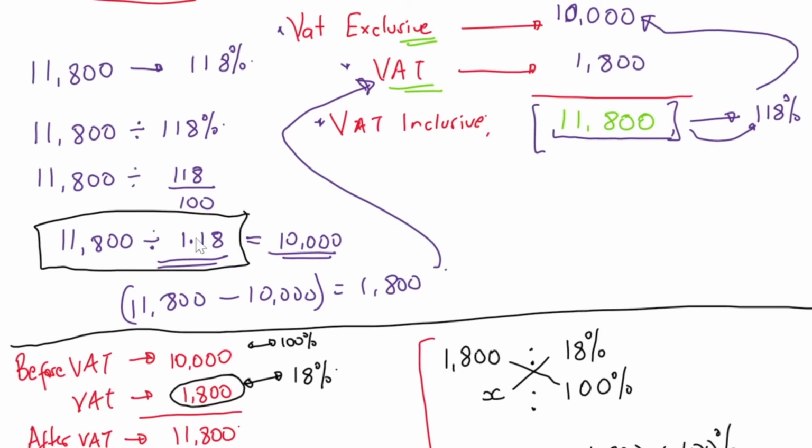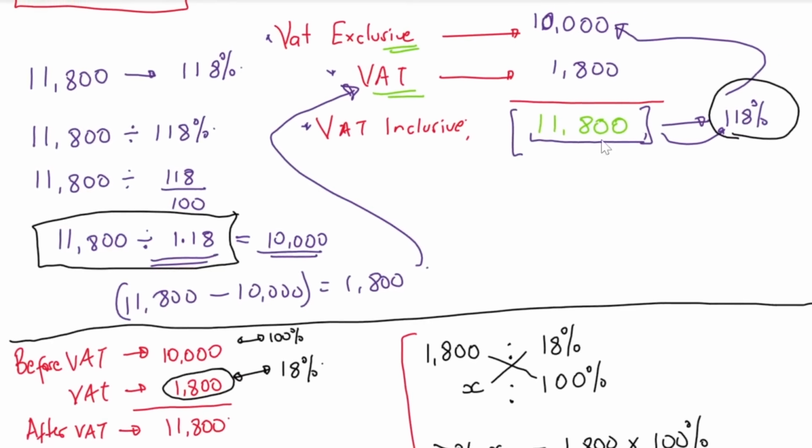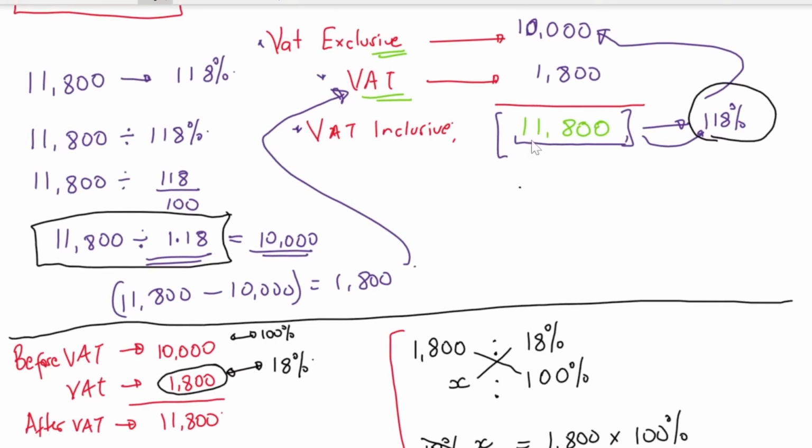So in other words, when you have a figure that is VAT inclusive, you know that the figure represents 118%. Because it's representing 118%, you just divide it by that. So quick math: divide by 1.18, or divide by 118%.